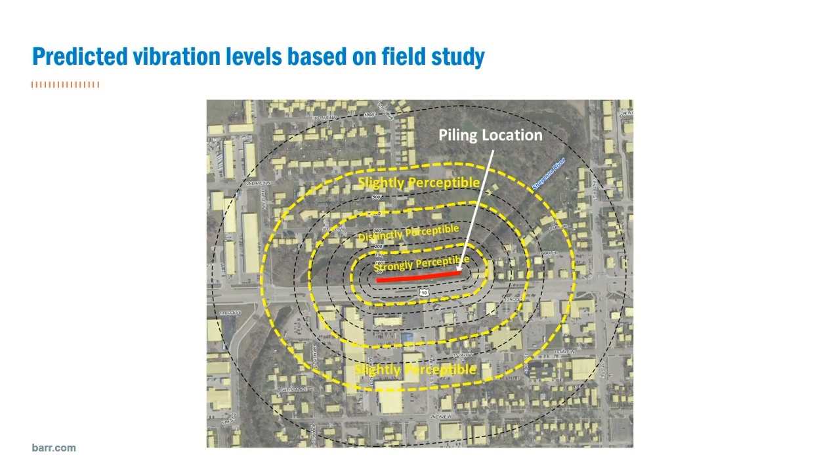And we took this map and we set out the distances. If you can see, this is about 500 feet away, this is 1,000 feet away, and we identified areas where we thought the vibrations would be slightly perceptible to strongly perceptible along the riverbank, North Riverbank. And we use this in designing a monitoring program for construction.